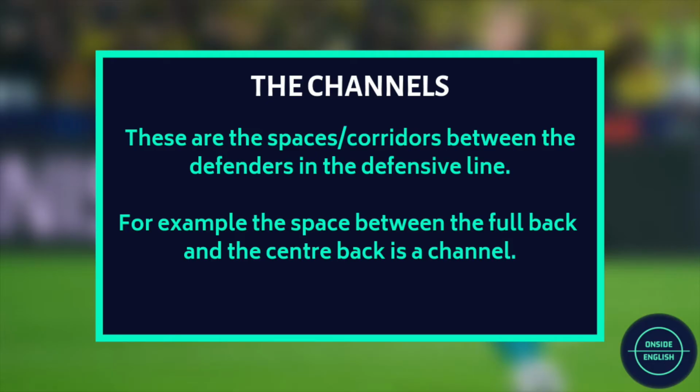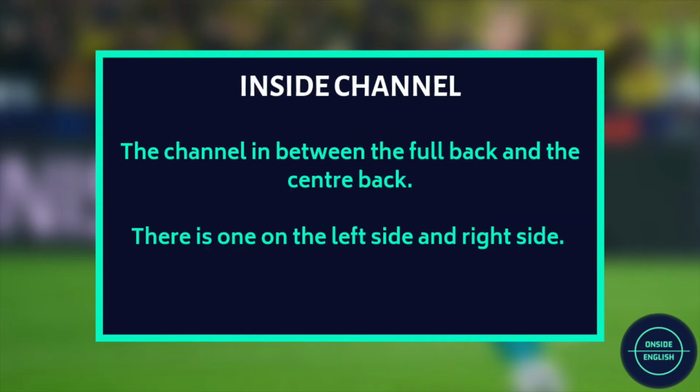The channels. These are the spaces or corridors between the defenders in the defensive line. For example, the space between the fullback and the centre-back is a channel. First of all, let's look at the inside channel. This is the channel in between the fullback and the centre-back.